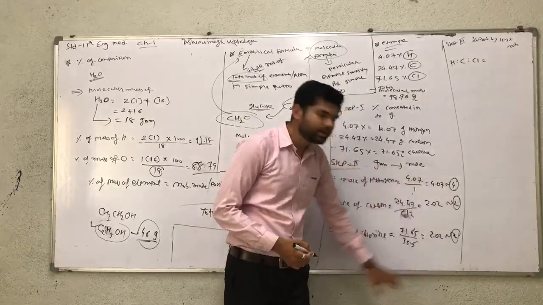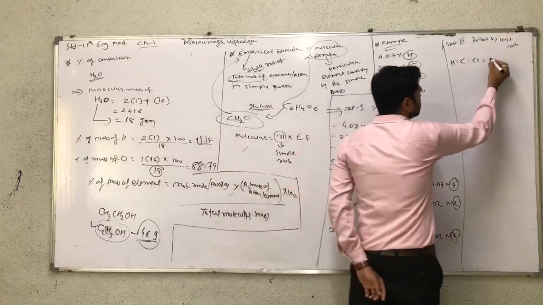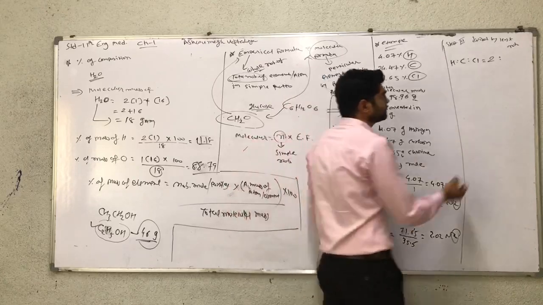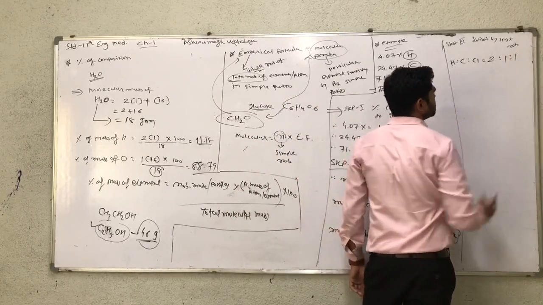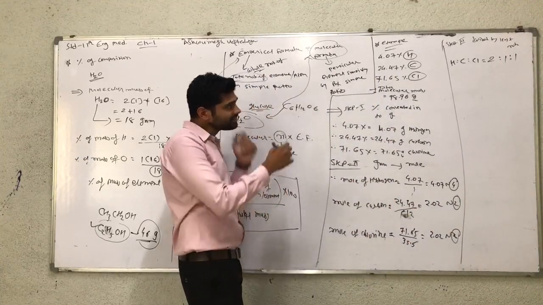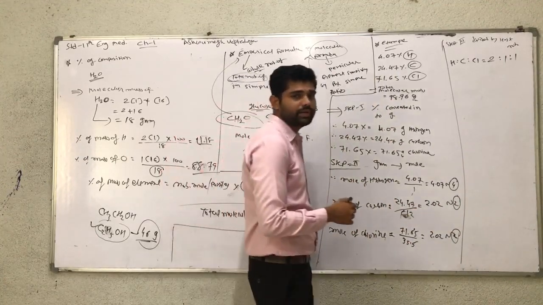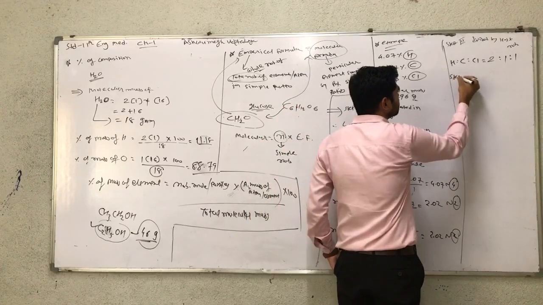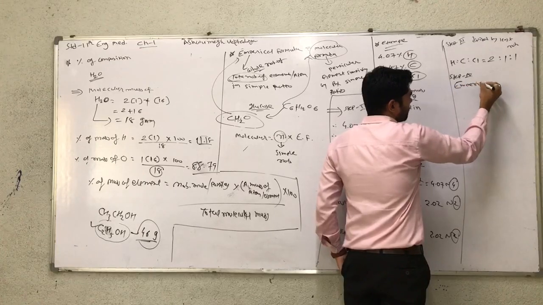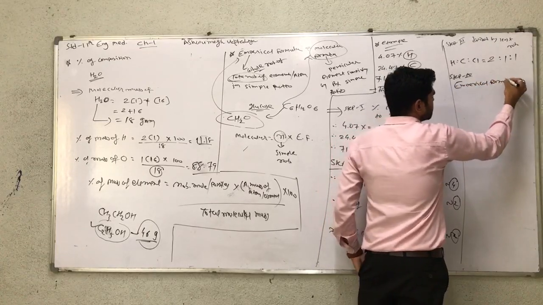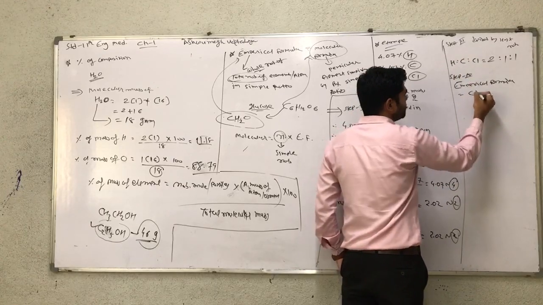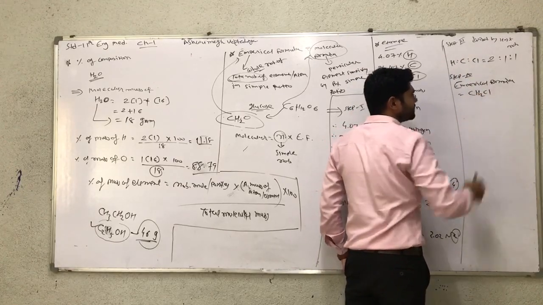Therefore 4 divided by 2, the answer is 2. Carbon means 2 divided by 2, the answer is 1. And chlorine is also 1. Step 4: empirical formula. So how many carbon? 1. Hydrogen is 2 and chlorine is Cl.